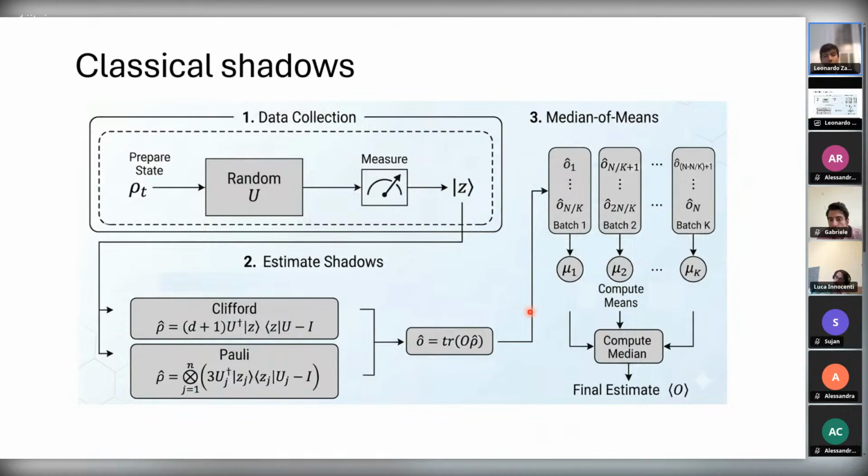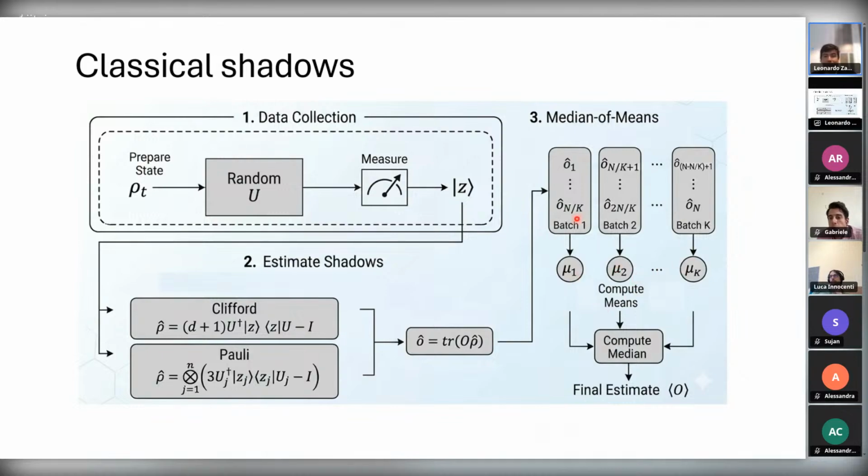So in the standard classical shadow protocols, they use a technique called the median of means. We take our n estimates and split them into k batches of equal size. First, we compute the standard average, the mean, within each batch, and then we take the median of all these k means.